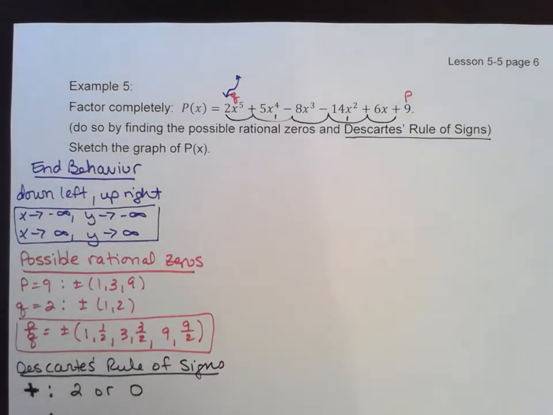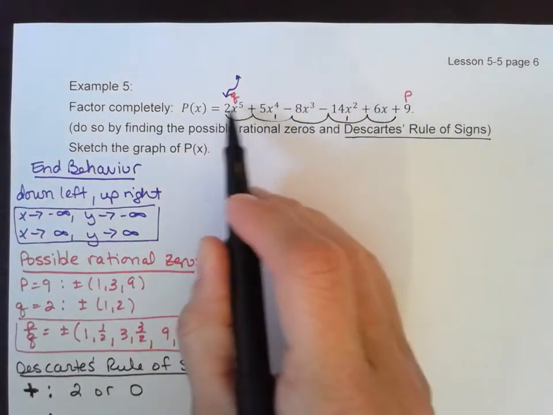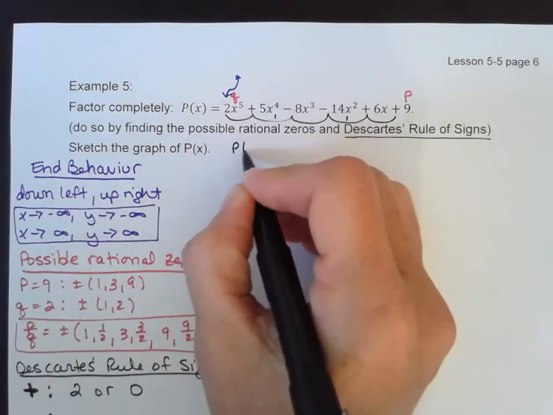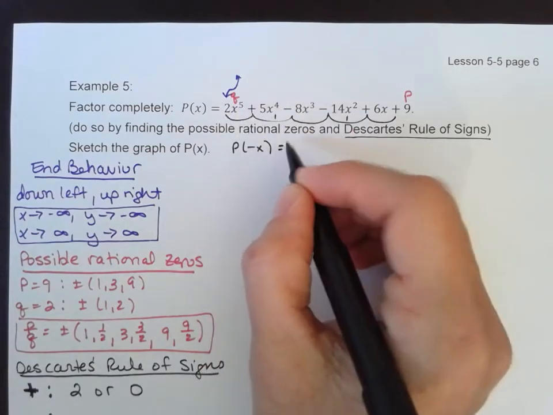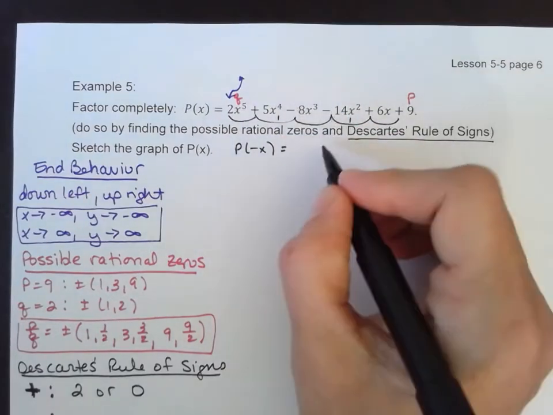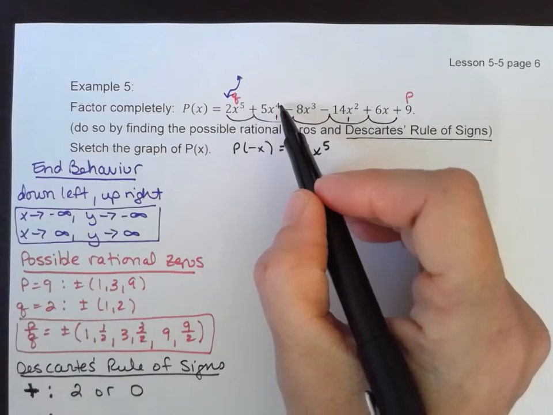How about the negative ones? Well, to find the negative ones, we need to plug in negative x everywhere there is an x. So P of negative x. Let's just do this one in our heads. Negative to the 5th power is a negative. Negative times positive is negative. Negative to a 4th power is positive.